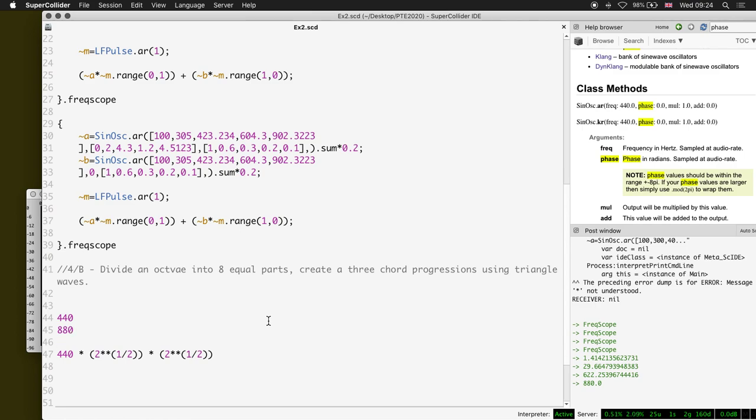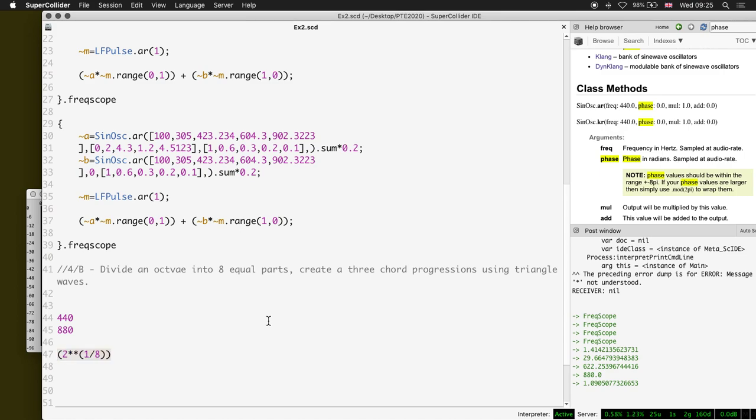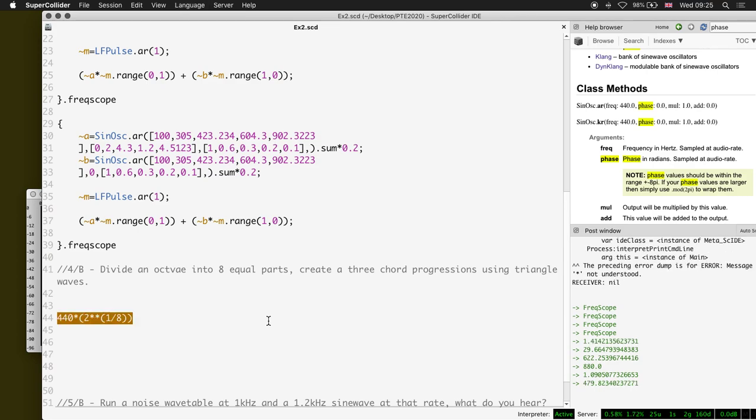Cool, so if I want to split the octave into 8 equal parts, then what I have to do is take the 8th root. So my multiplier for that will be 1.09. Okay, so what I can do then is, let's start with 440, and the next one up will be 479.